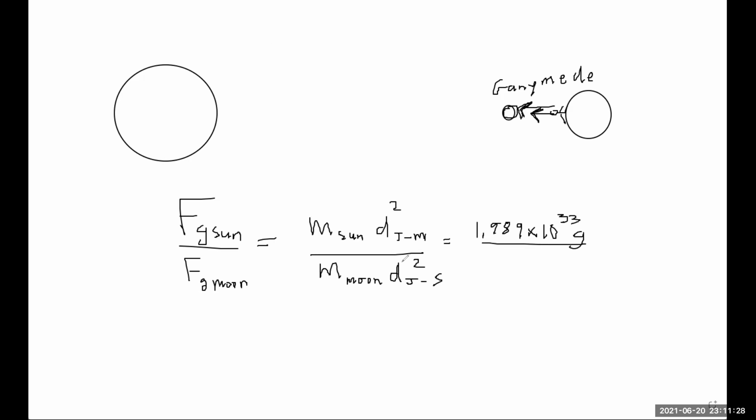Divided by the mass of the moon. I took a picture of it. Hold on. The mass of the moon was 1.4819 times 10 to the 23 kilograms.